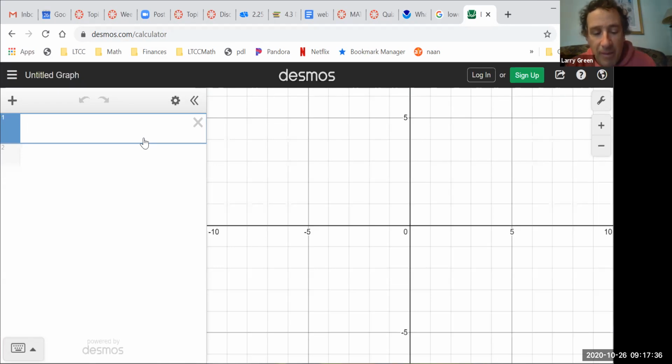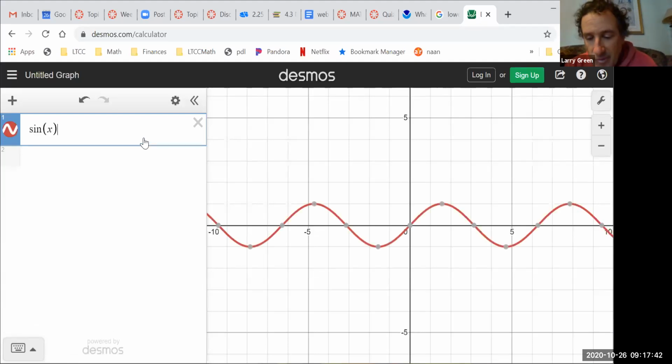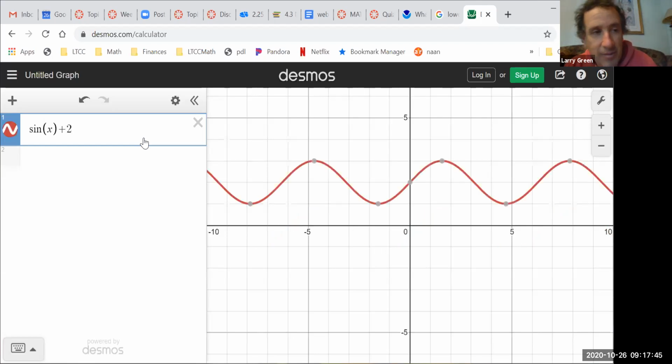Okay, so we can pop in some examples. So how about sine of x plus 2 times the cosine of x?